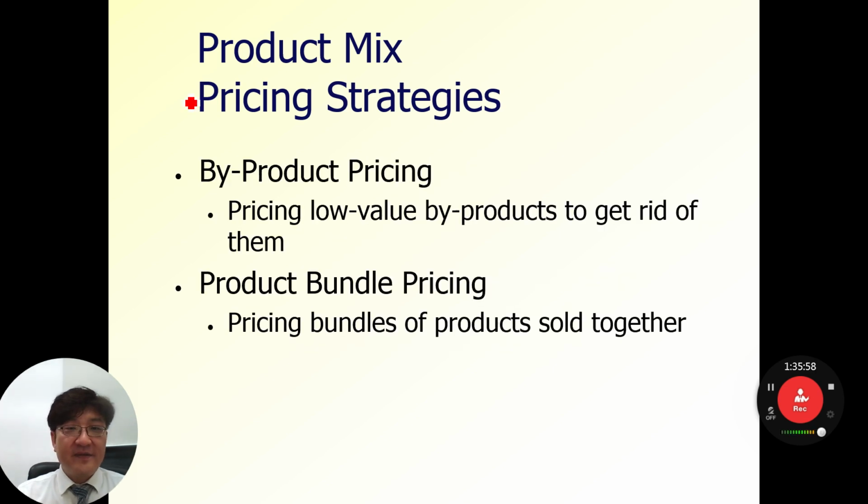Okay, next one is byproduct pricing. Byproduct pricing is for some product you get in the middle of making something else. For example, the spine of the pork is the byproduct of pork meat.